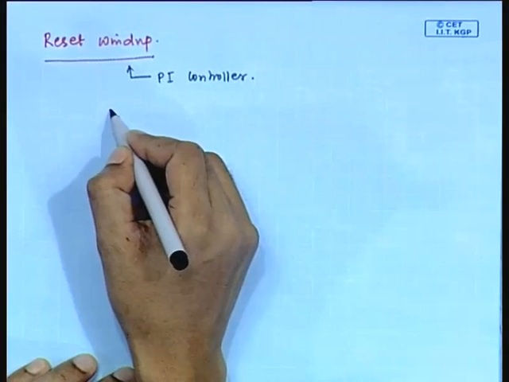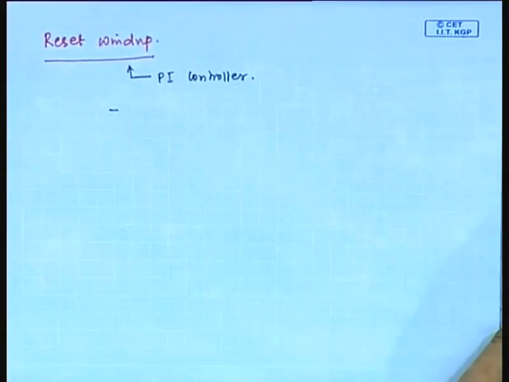Now, for PI controller, we know that as long as the error is present, the PI controller keeps changing its output by integrating the error, fine.